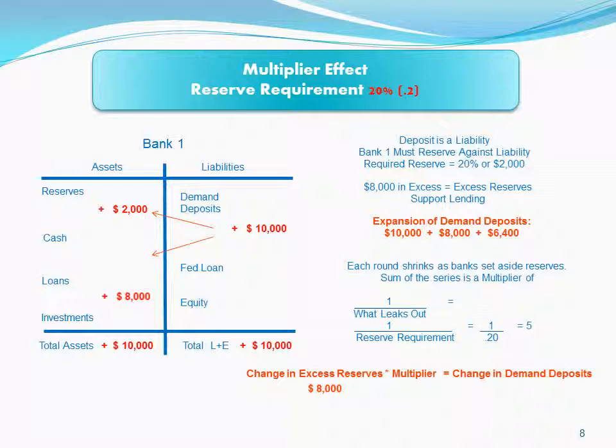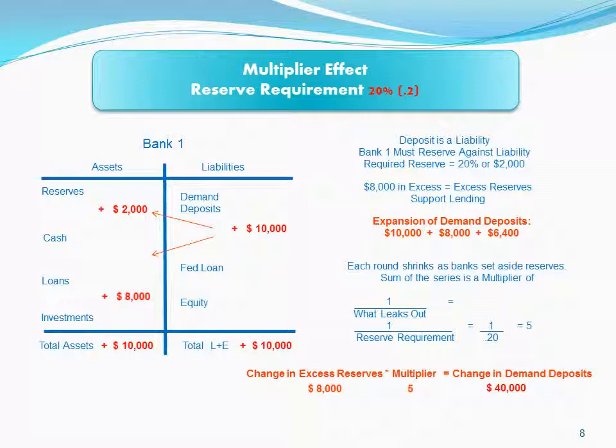So the initial basic change in the system is, excuse me, an increase in excess reserves of 8,000. The multiplier, which we calculated as 1 over what leaks out, or 1 over 0.2, is equal to 5. And so the potential change in demand deposits without any leakages and this hypothetical continuation is 40,000.